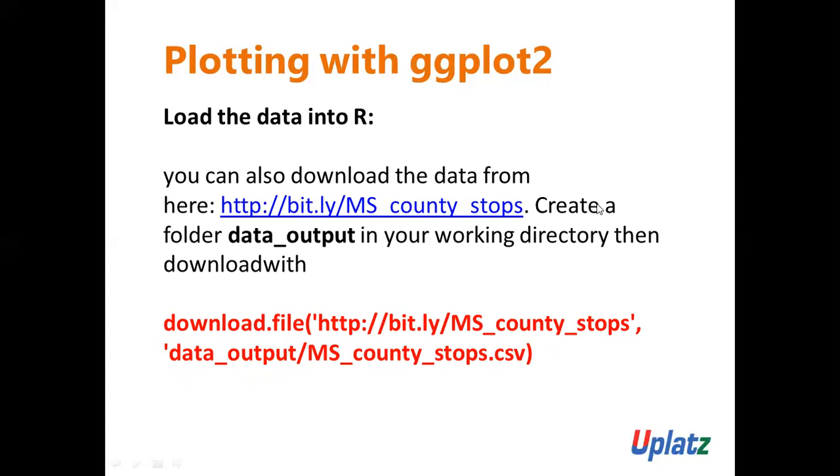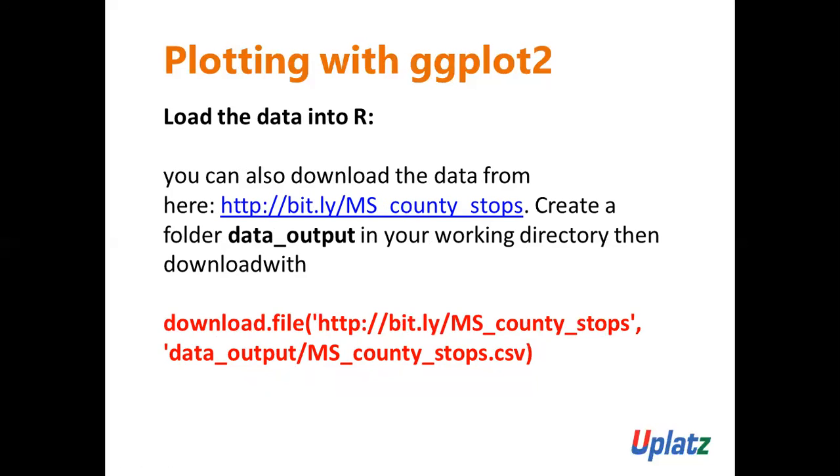Before downloading this data you need to create a folder data underscore output in your working directory, then download with this code. Otherwise, if you want to know what type of data I am using, I will share the csv file with you.